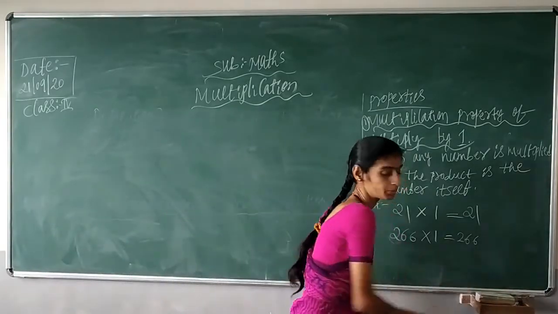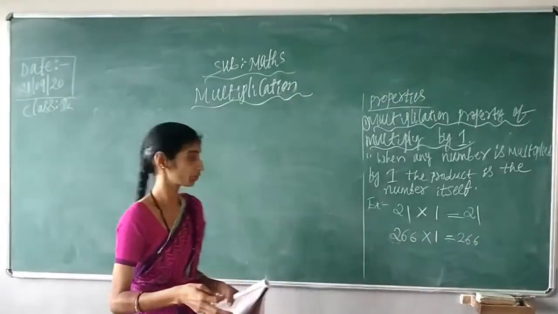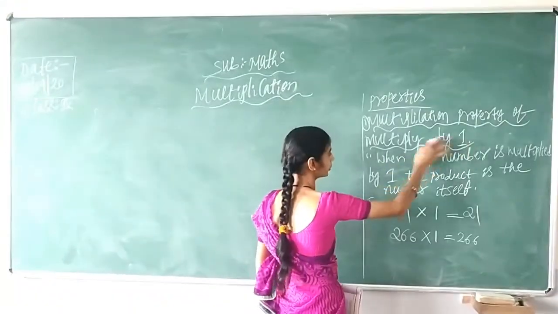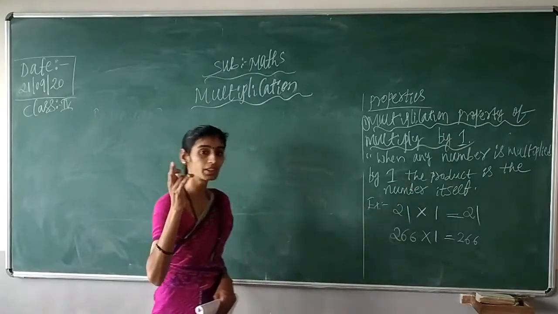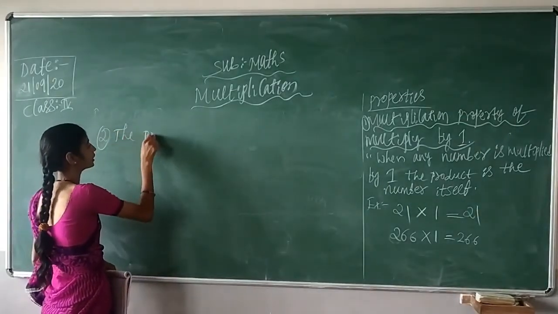Then the second property is the property of multiplication by 0. The first was the property of multiplication by 1, next it is by 0.